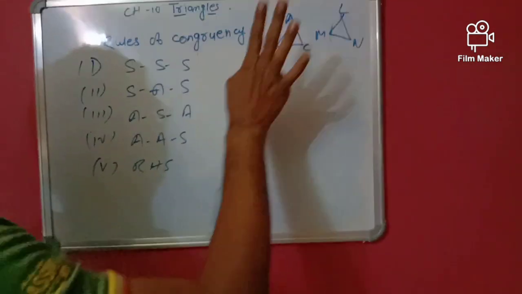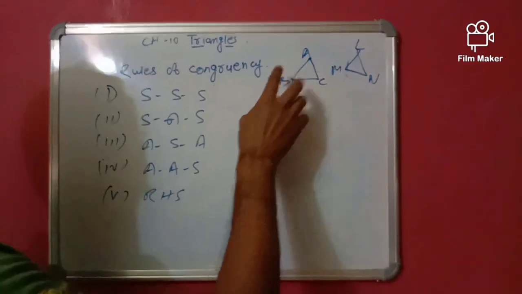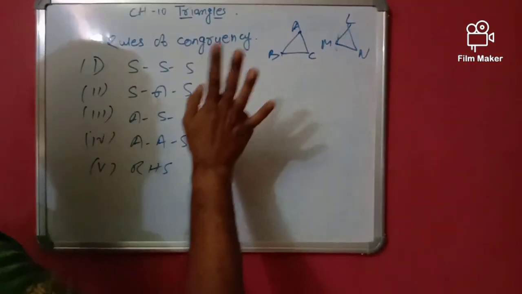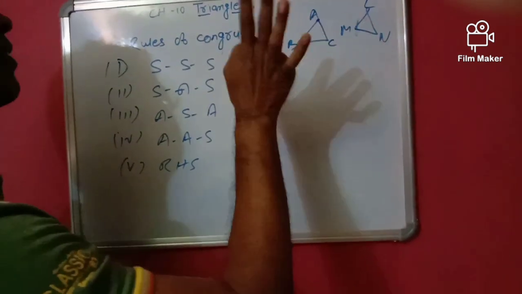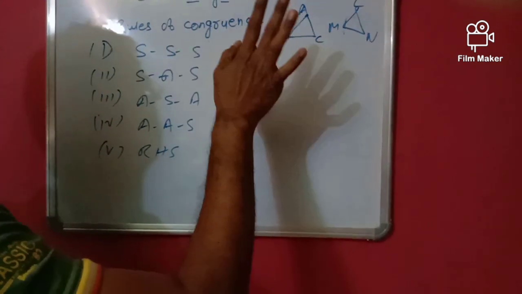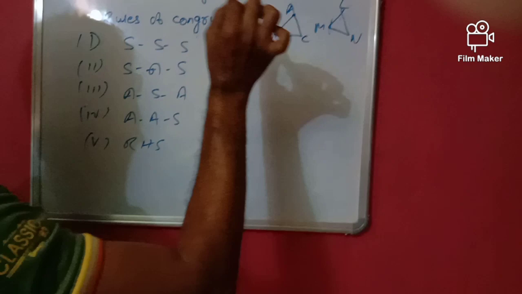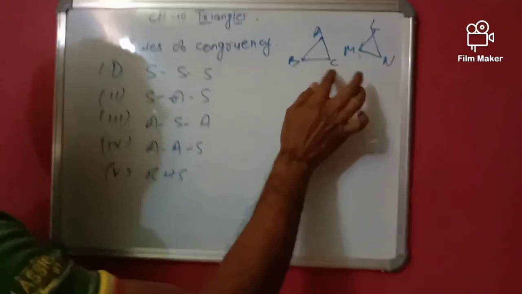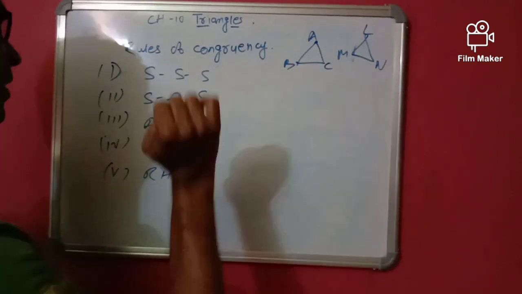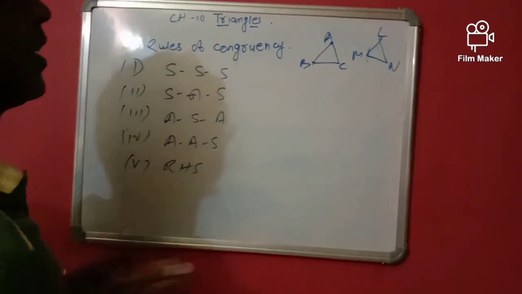The 5 rules are: if the three sides of two triangles are equal, we call it side-side-side. If two sides and one angle are equal, then we call it side angle side. If two angles and one side, angle side angle. If two angles and one side, we can call it angle side.